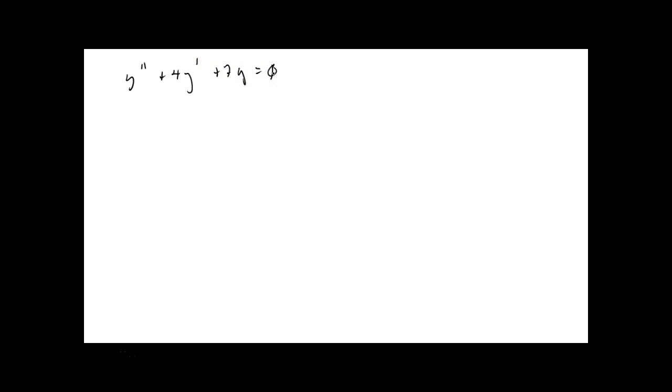Okay. Now, do we need to go through the exercise of it, or can we just write down what the auxiliary equation is going to wind up being? Yeah, we just write it down. And what will it be? m squared plus 4m, same coefficient, plus 7 is equal to 0.